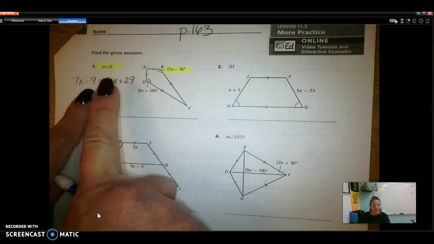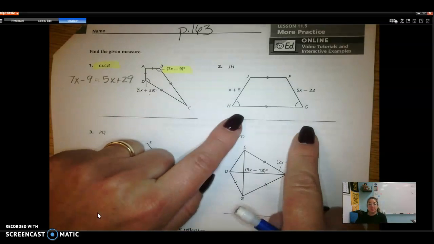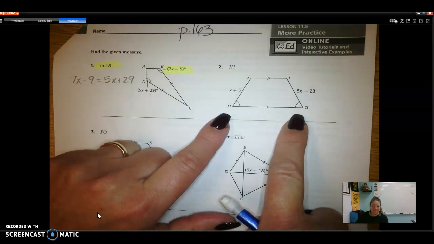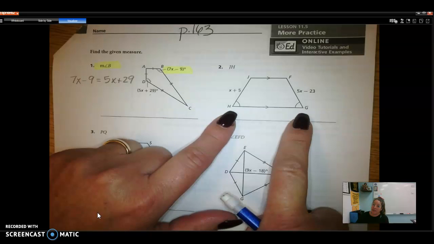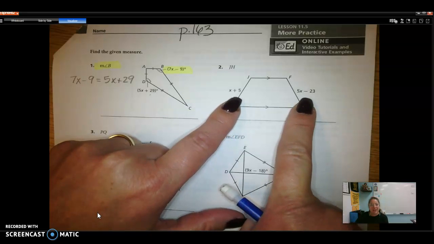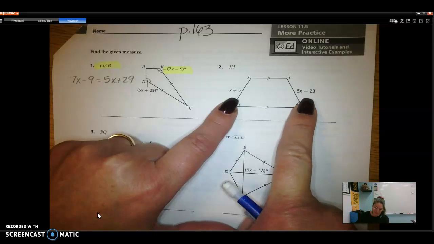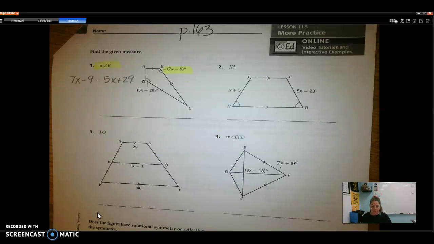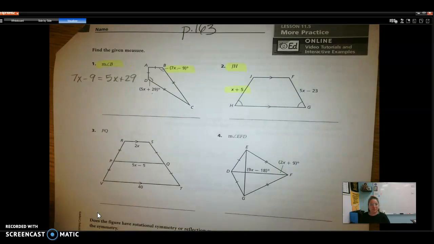So 7x minus 9 is going to equal 5x plus 29. If you look at number 2, this is an isosceles trapezoid. Notice how the 2 base angles are marked as being equal. That means the 2 sides are equal to each other, so you're also going to set those equal to each other. Go solve the equation and figure out what x is, but remember, you have to find JH when everything is said and done.